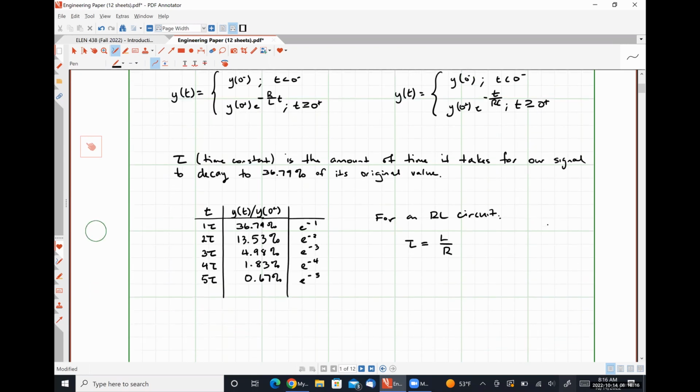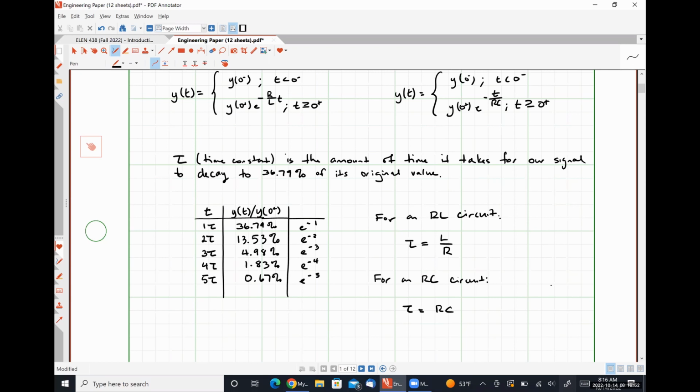For an RC circuit, our time constant tau is given by simply R times C. And just to reiterate, because I asked this question on your exam pretty much every year, 5 time constants is how long it takes for a signal to decay to less than 1% of its initial value. Okay. All right.